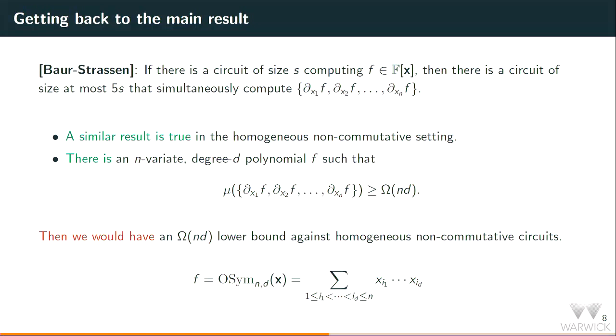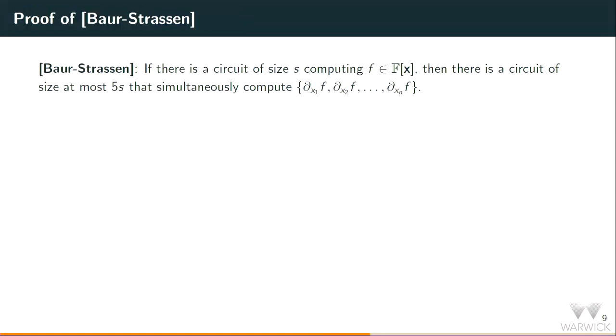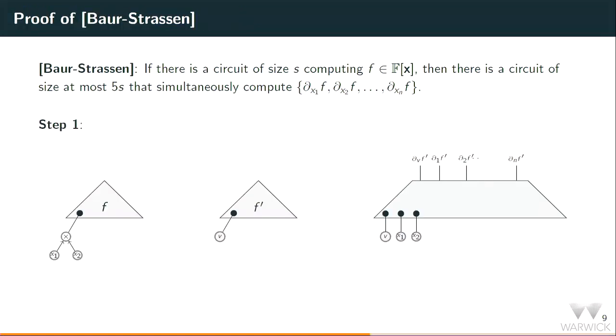I'll just quickly go over how we changed the Bauer-Strassen proof to make it work for the homogeneous non-commutative setting. Let's quickly go over the Bauer-Strassen proof, which is quite amazing actually. It is again by induction on the size of the circuit.